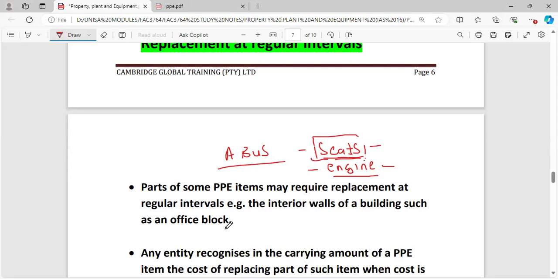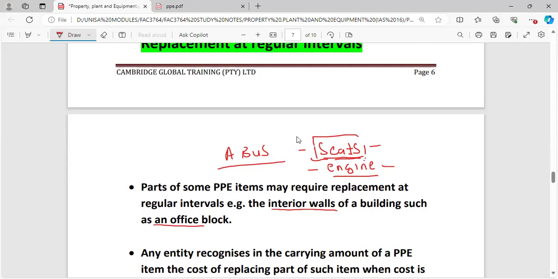They say parts of some PPE items may require replacement at regular intervals, e.g. the interior walls of a building, such as an office block. You can see here that the interior walls are replaced at regular intervals, but the building is not replaced.